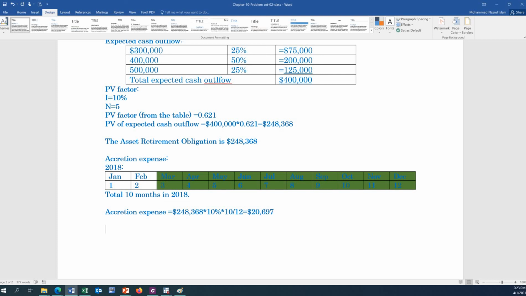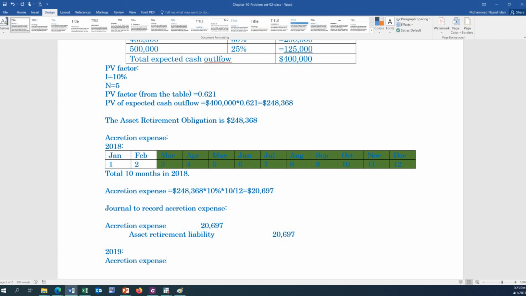The journal entry to record the accretion expense is: debit accretion expense 20,697 and credit asset retirement liability 20,697.